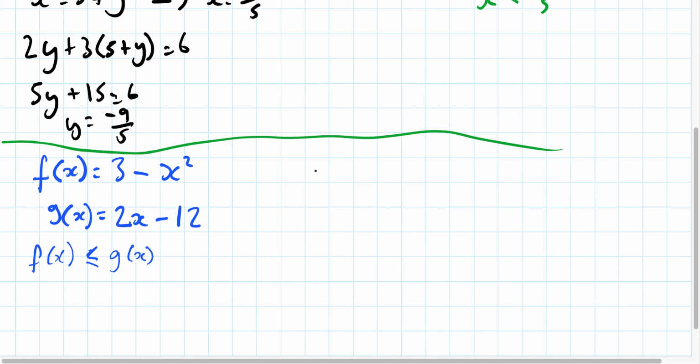Again, we could just take both of them as y equals, so it's going to be 3 minus x squared equals 2x minus 12.